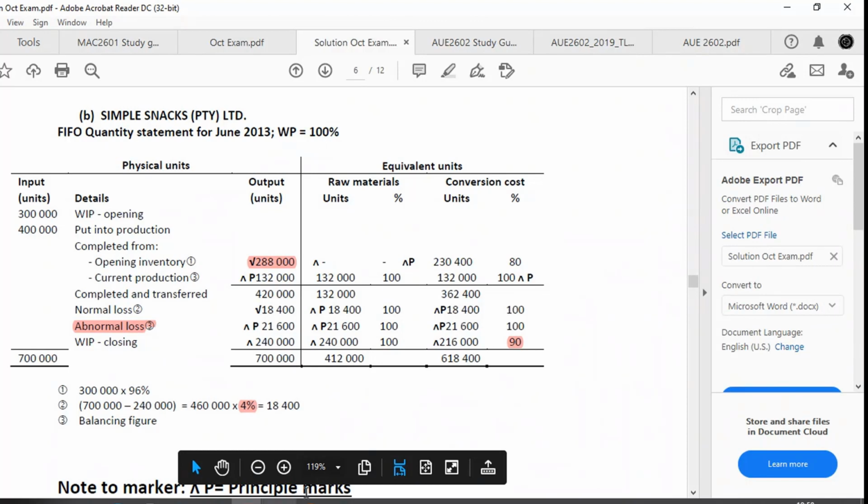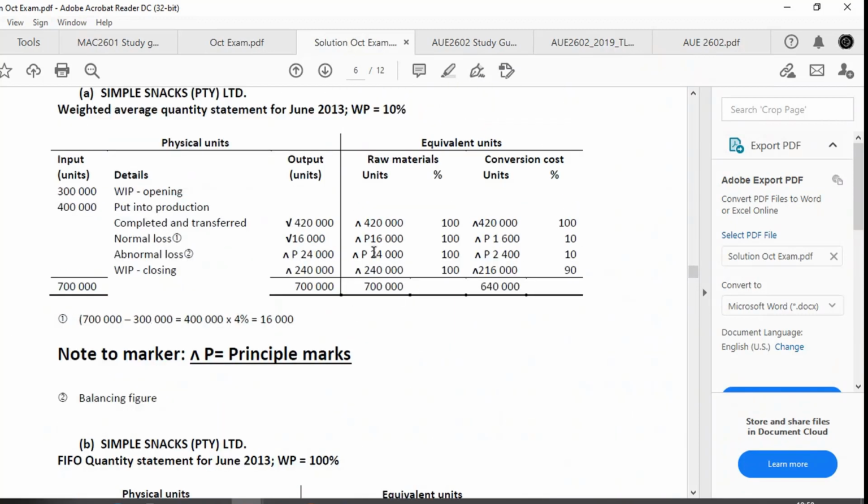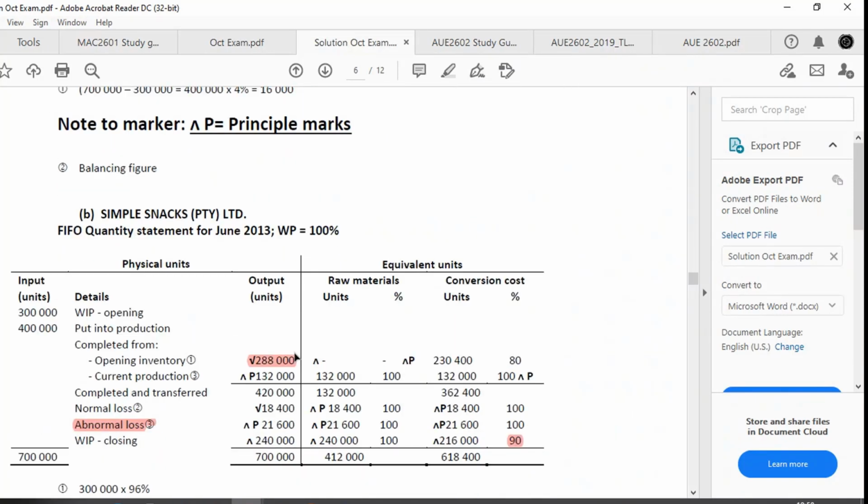Okay, so from this question, normal loss played a huge role. Even here, normal loss played a huge role. So I think next week, that's what we'll do.